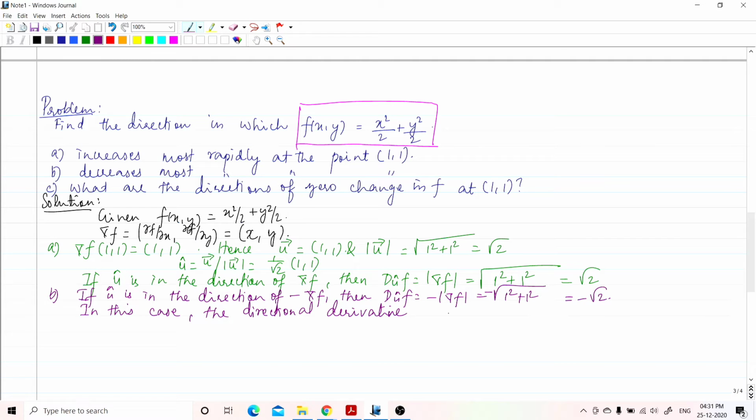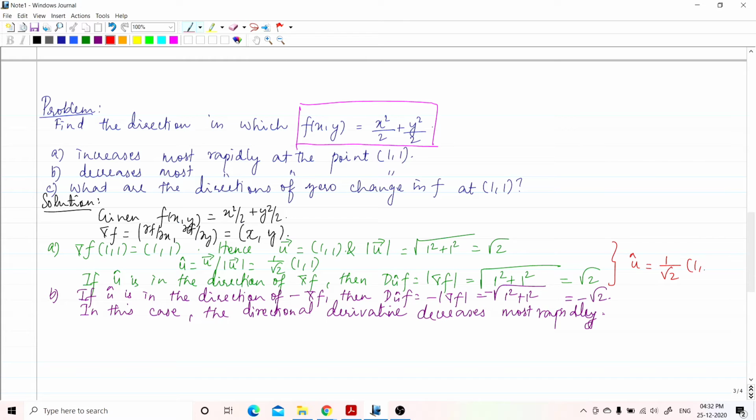Now you will have to identify the situation where the direction gives zero change. Can you identify? Before going to the next one, in these two cases, what is the vector you will have to choose?